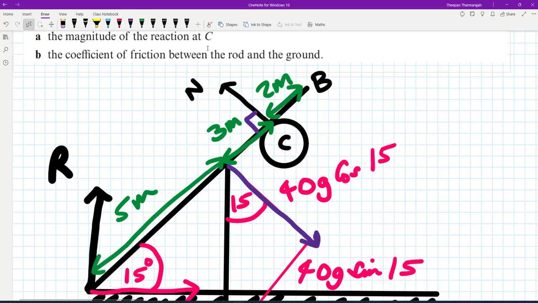So the way I explain this to students is we're going to draw in a horizontal at N, okay? And this is more for your understanding. So we have an alternate angle here, which is 15.